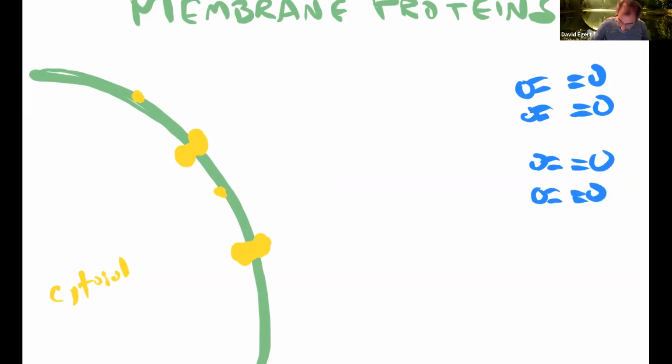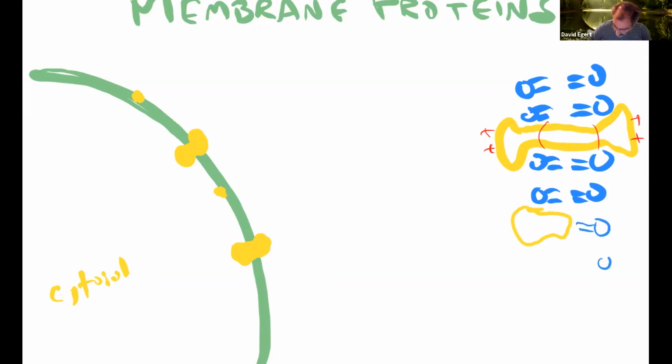So I can have a membrane protein that does this, and it'll stay in place, assuming the two ends are polar and the inside is non-polar. Then it's going to want to stick in that situation. But at the same time, I can have something that just sits partway, if this is polar but that's non-polar.